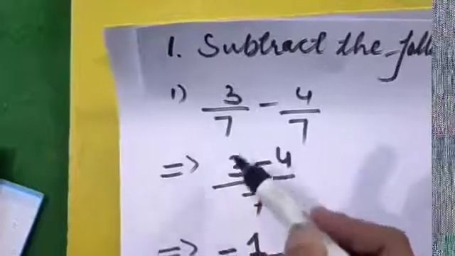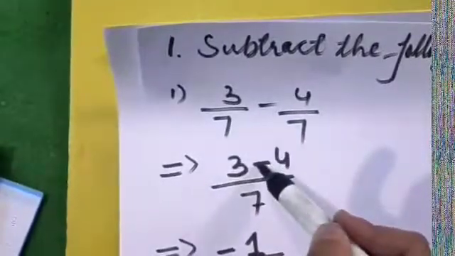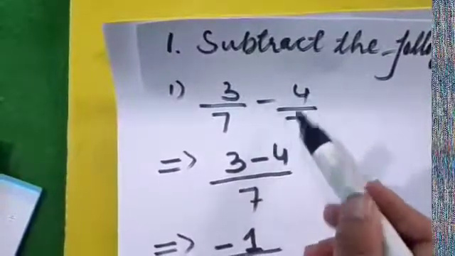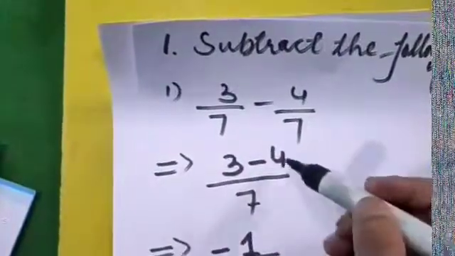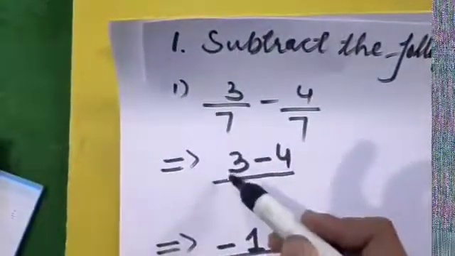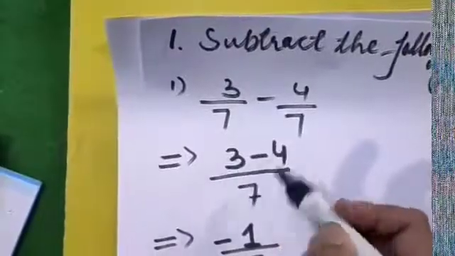The numerator of the first one is 3. We will put a subtraction sign and subtract the numerator of the next fraction, that is 4. Now we will subtract 3 and 4.